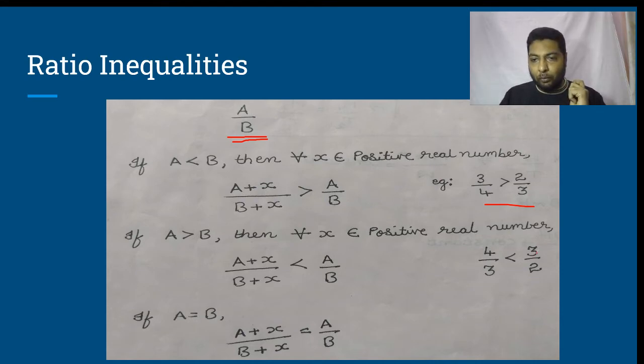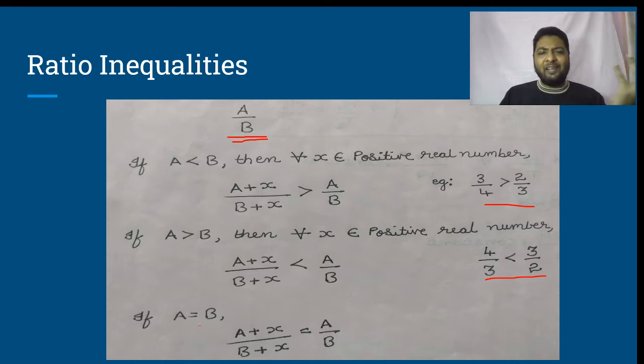If you add 1 to both numerator and denominator, you get 4 by 3. 4 by 3 is 1 and 1/3. 3 by 2 is 1.5. 1 and 1/3 is less than 1.5. Therefore, 4 by 3 is less than 3 by 2. And this holds good wherever X is a positive real number and A by B is an improper fraction.